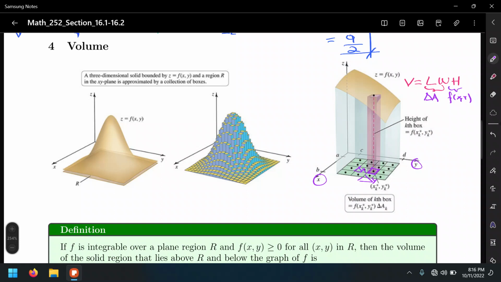In this case, notice this smooth surface is partitioned into rectangular boxes. So the smaller the boxes, the closer it will give us the actual volume of the solid. And how many of these boxes? Well, infinitely many.